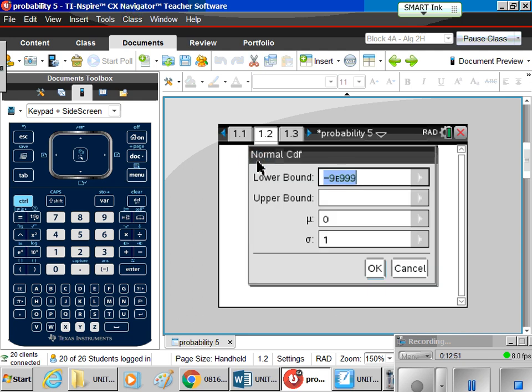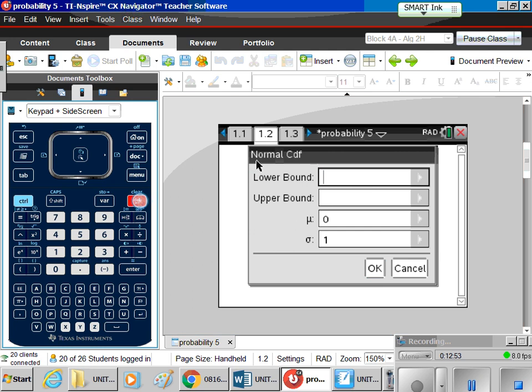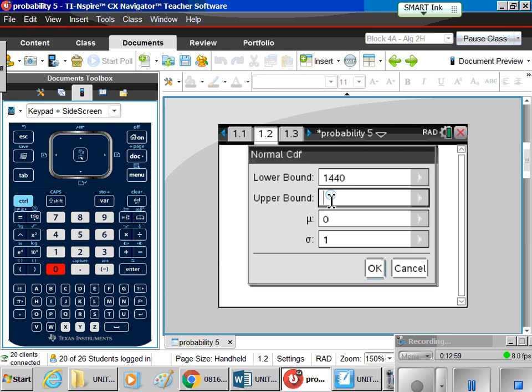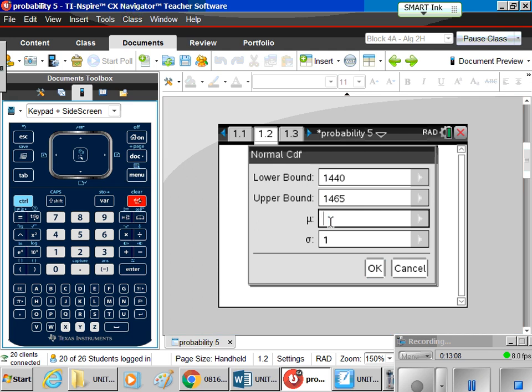And you see, it gives me a lower bound. So my lower bound is going to be 1440. My upper bound is going to be 1465. See where it says mu this time, that's going to be our mean, which is 1450.